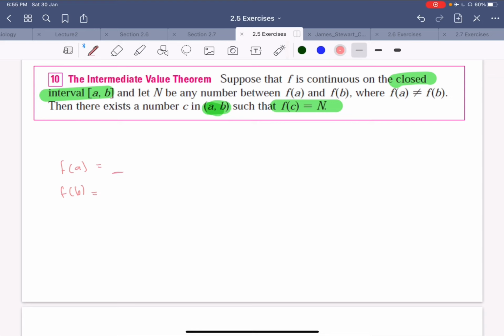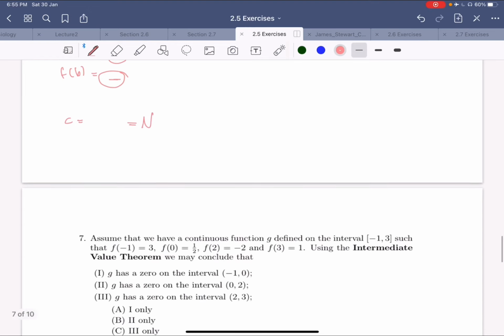If they are مختلفين then there is a number c between a and b which has the image of n, any number.